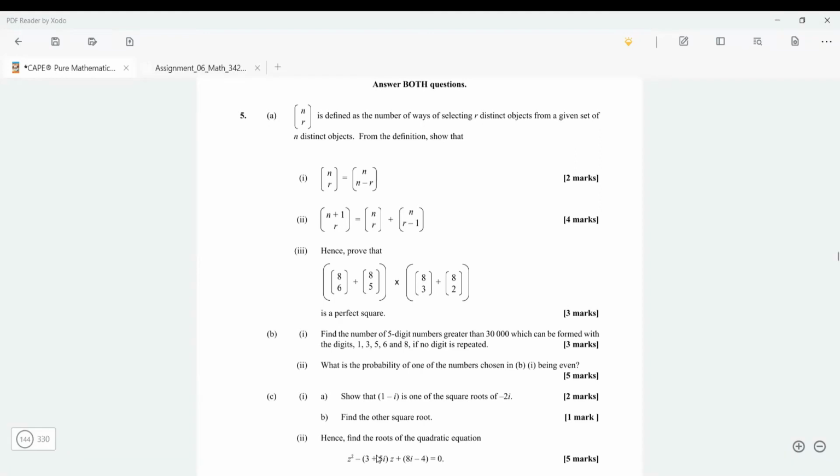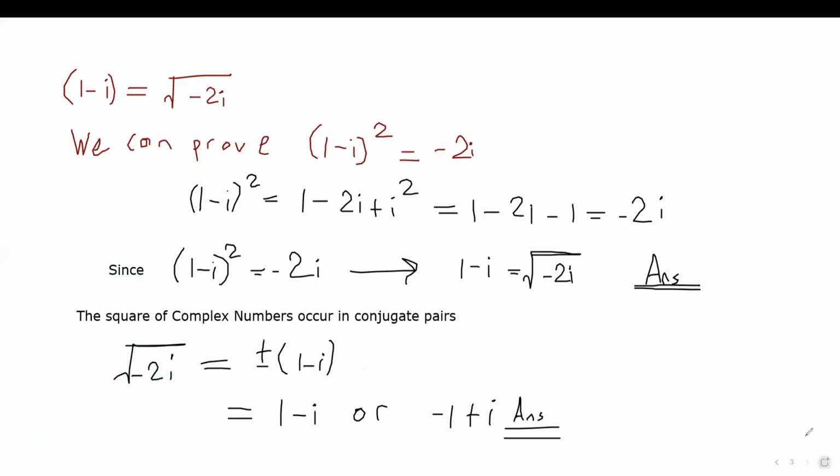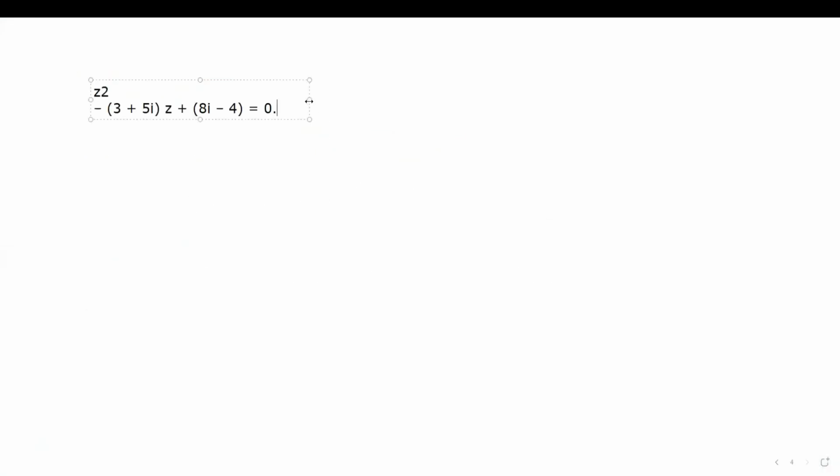Then it says, hence, we need to solve for the roots of this complex equation. I'm just going to copy it because who has time to work this one out? So we have z squared minus 3z minus 3 plus 5iz plus 8i. We're going to solve this.